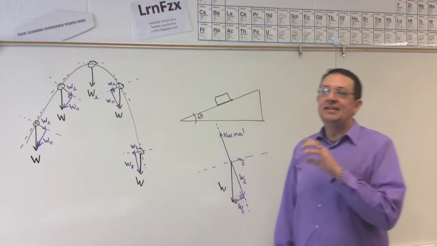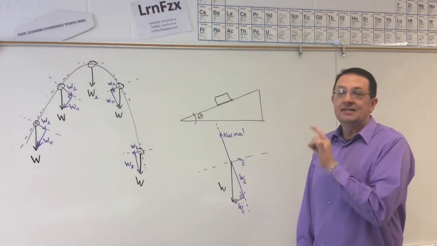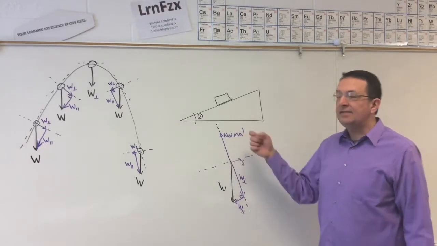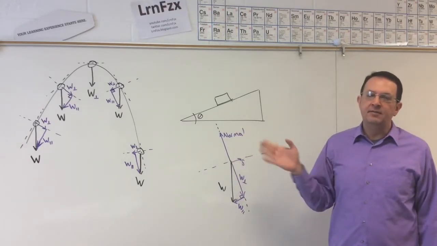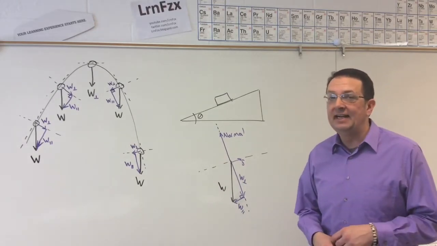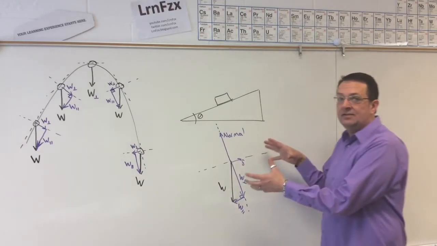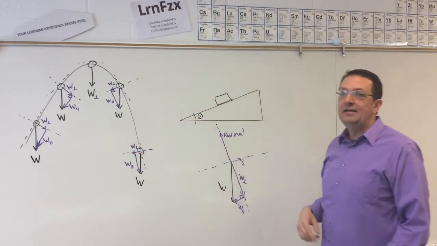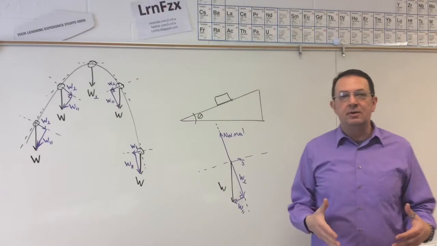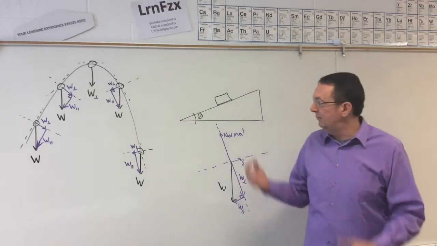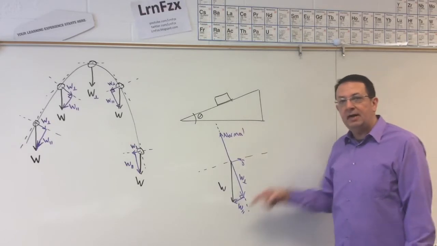Here's a close-up so you can see that whole thing better. This is a complicated concept connected to inclined planes. And if you haven't done inclined plane free body diagrams with your students, they're not going to get any of this stuff. But if you have, then this directly translates into that. If you take the weight and split it into its two components, the weight is straight down and the component is perpendicular to the incline and parallel to the incline.